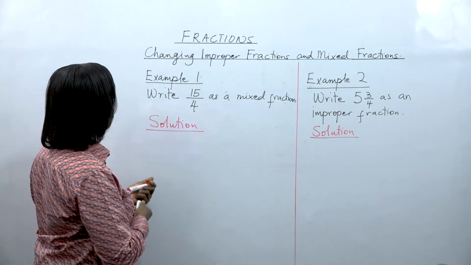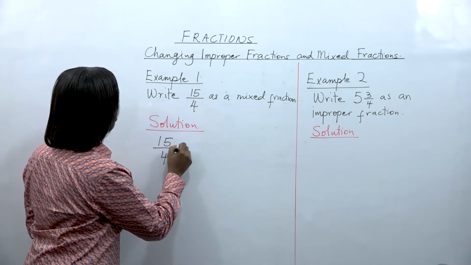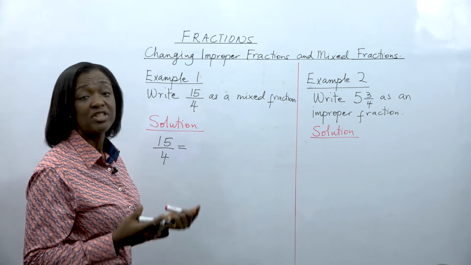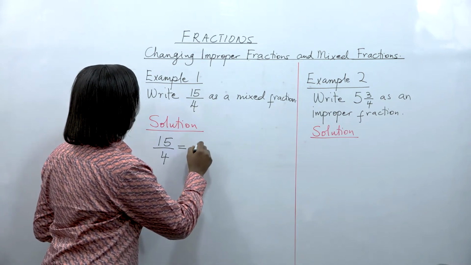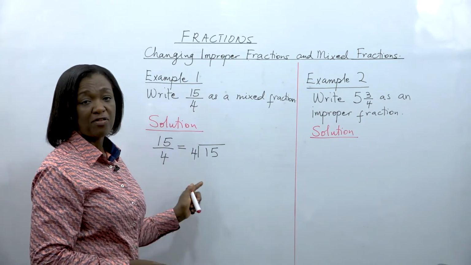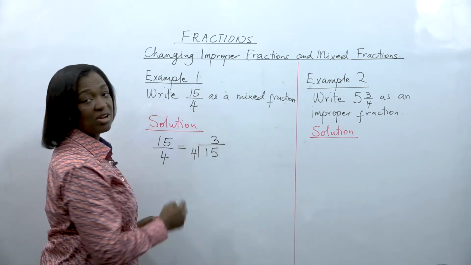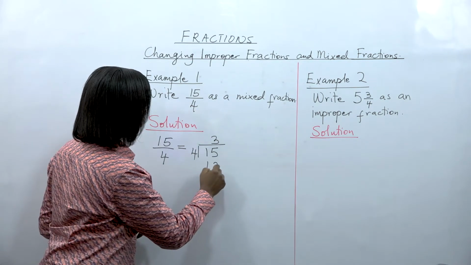So 15/4. 15/4 is equal to 15 divided by 4. So we're dividing 15 by 4. How many 4s do you have in 15? 3. 3 times 4 is 12.